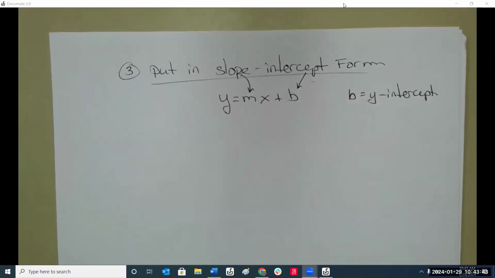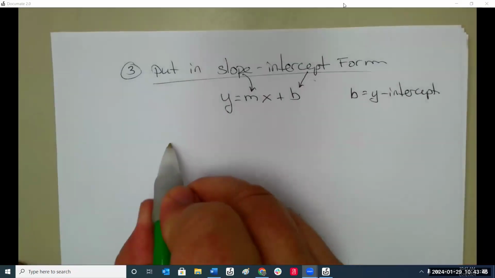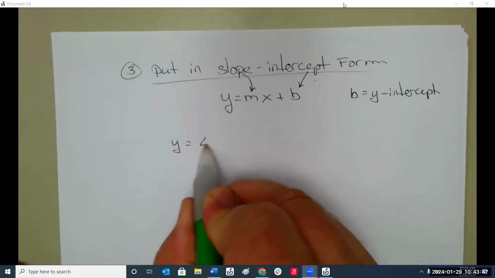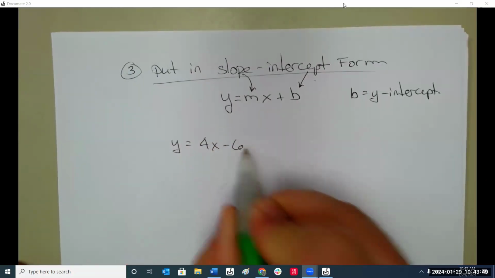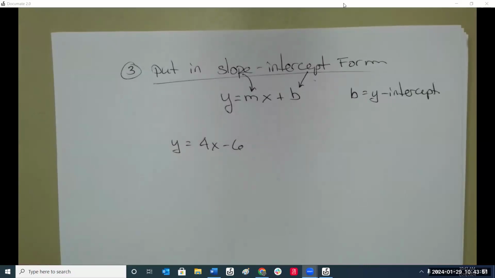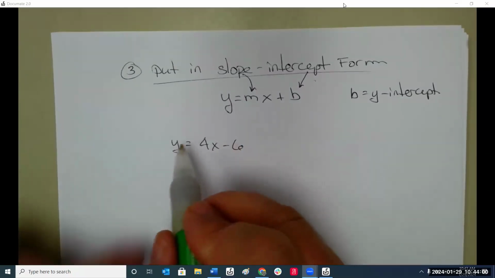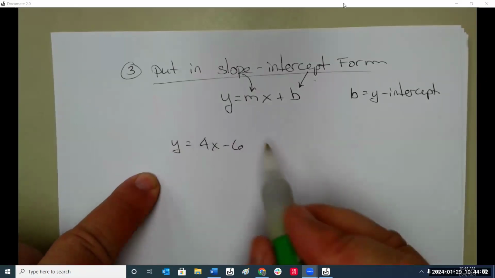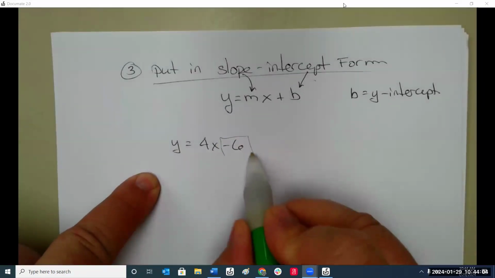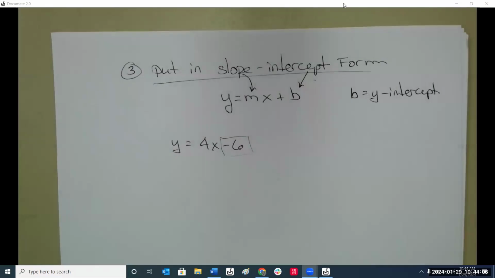In general, in other words, if I had an equation like this, whenever you have an equation set equal to y, the constant number is always the y-intercept.